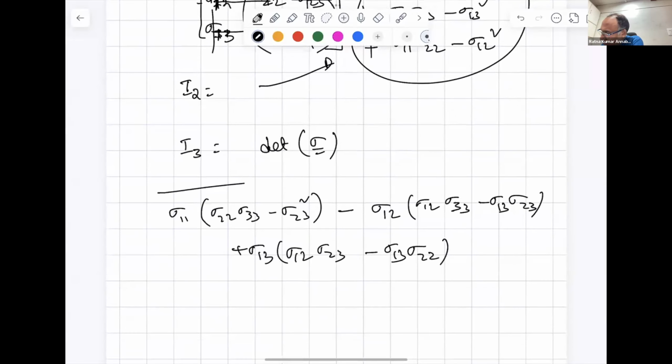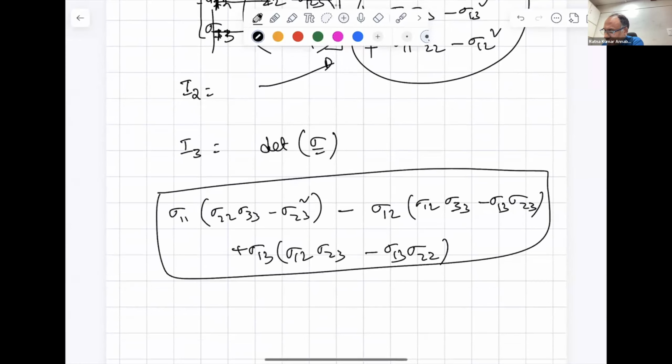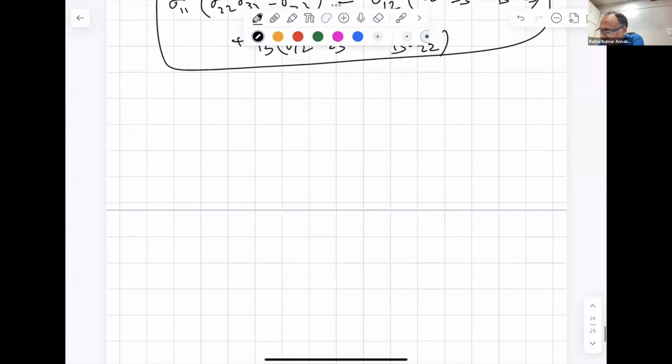That will be the determinant of that matrix. That will be invariant. So for a second order tensor, for a 3 by 3 matrix, you have I1, I2 and I3. There are 3 invariants.